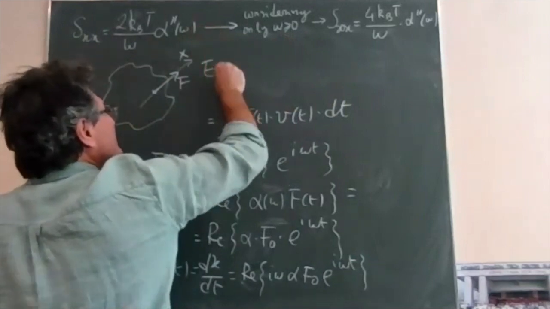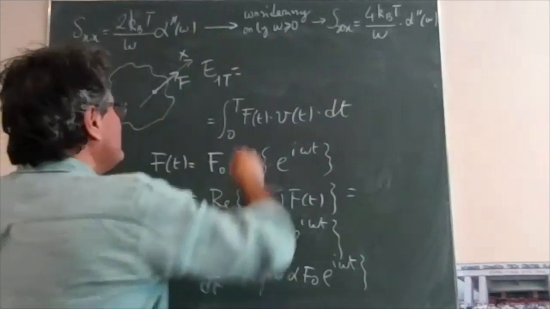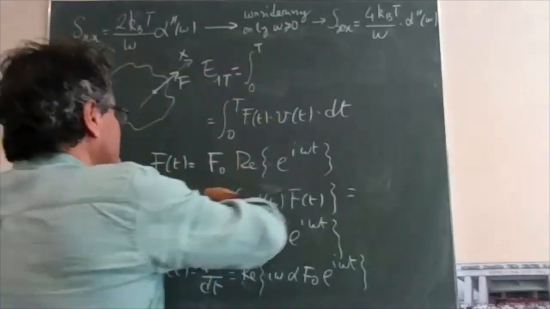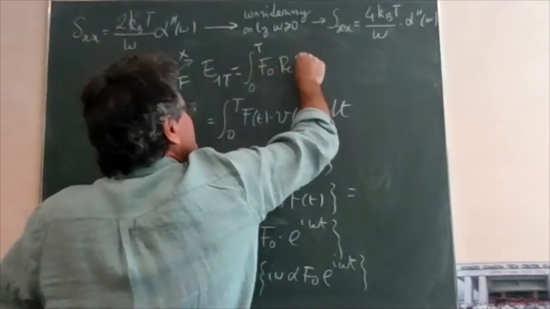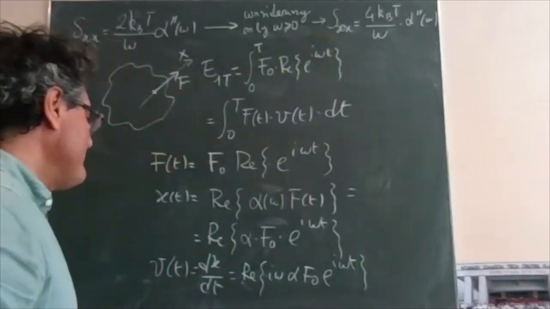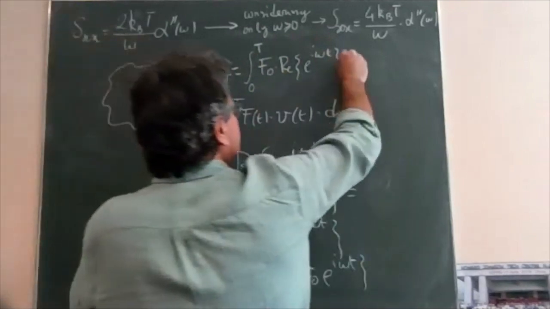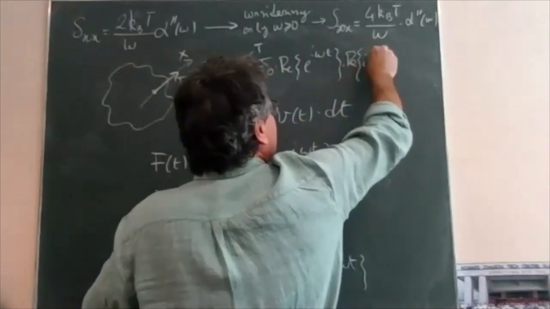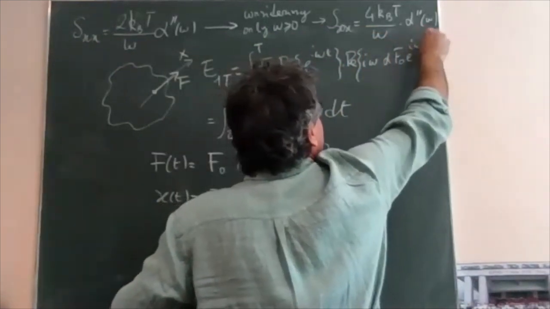The energy after one period is the integral from 0 to T of the force, which is F naught times the real part of e to the i omega t, times the real part of i omega alpha F naught e to the i omega t.